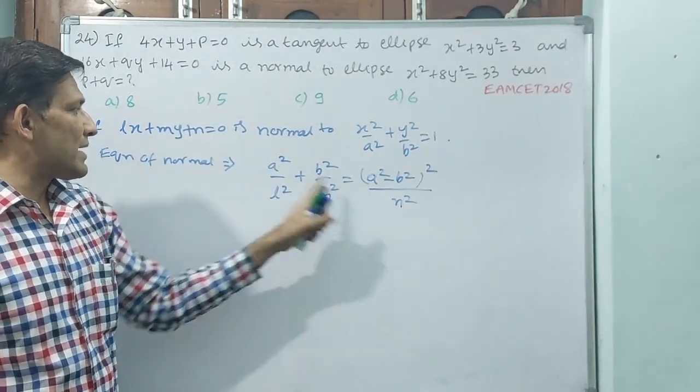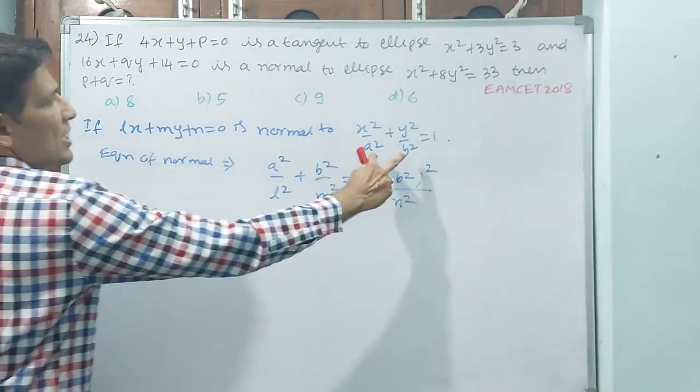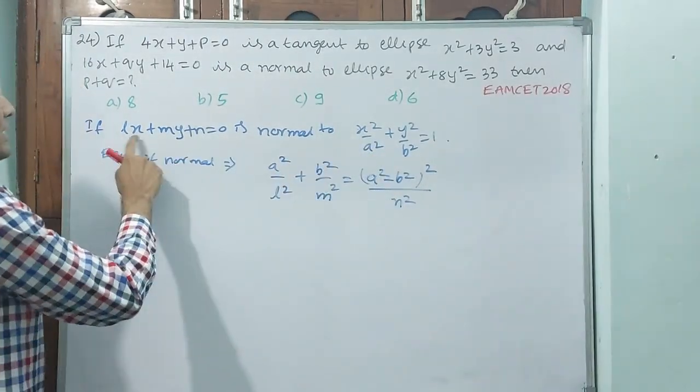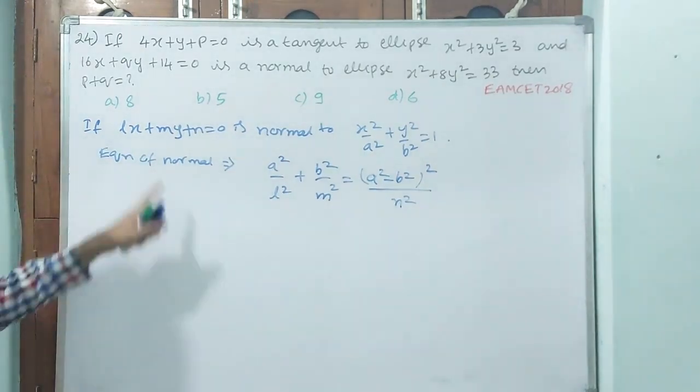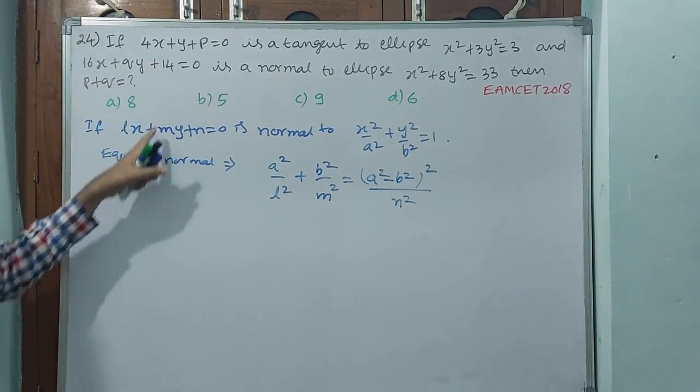See, l, m, n matched, a, b have come. a², b² will come from here. l, m, n will come from here. See, this equation is also in l, m, n form only.